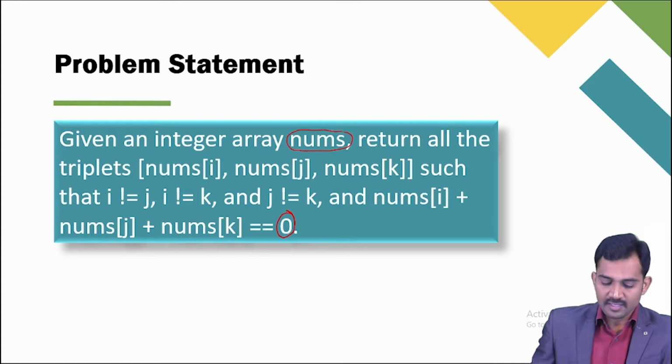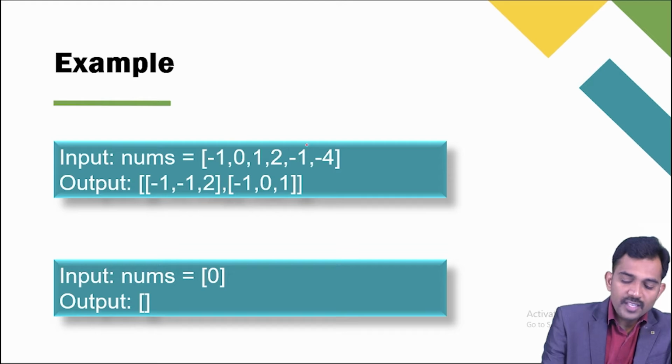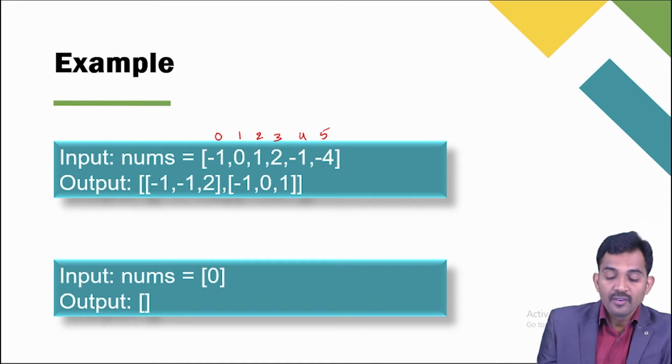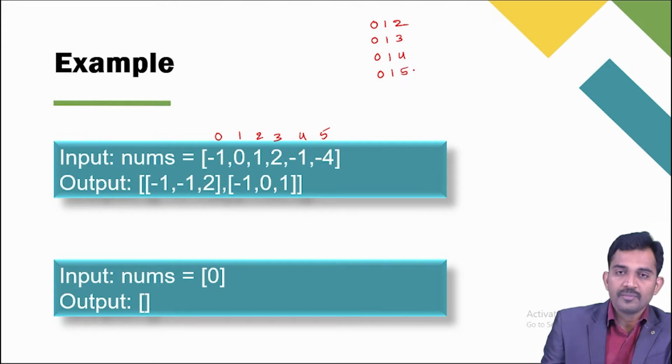Let us see one small example here. For example, see here: 0, 1, 2, 3, 4, 5. What combinations are you going to get here? Observe clearly: the first combination is 0, 1, 2, and 0, 1, 3 is the second combination, 0, 1, 4 is one more combination, 0, 1, 5.